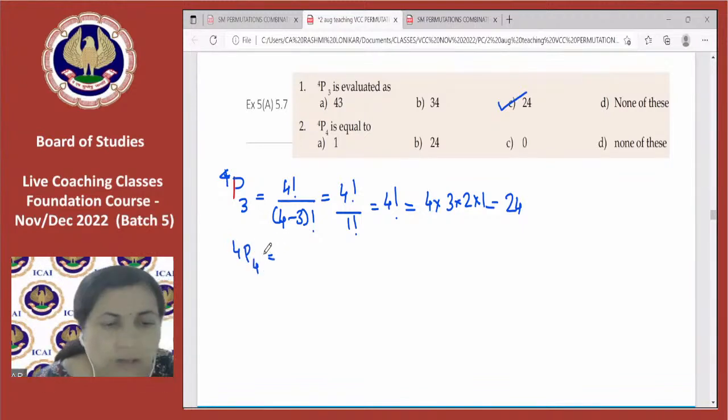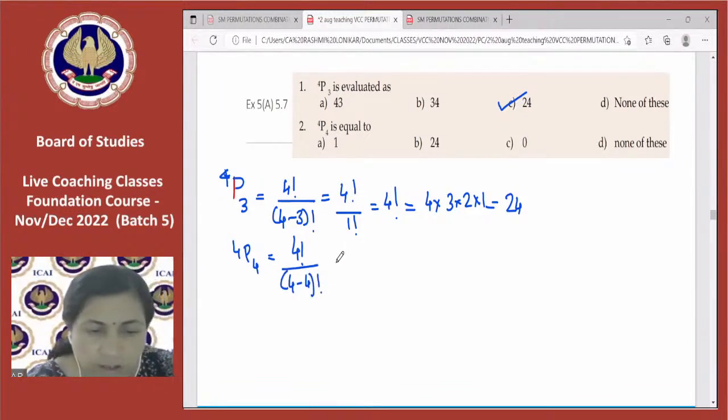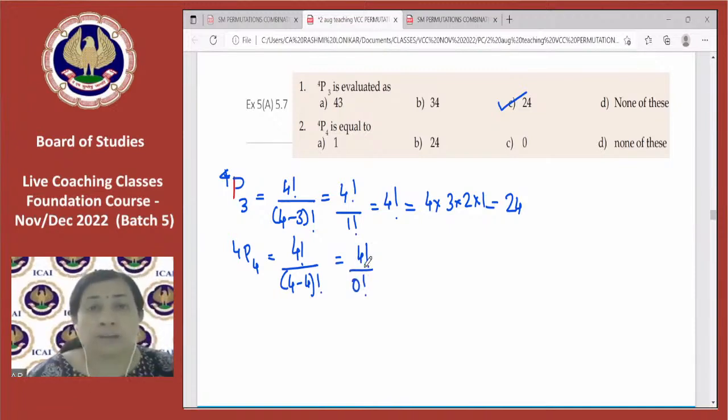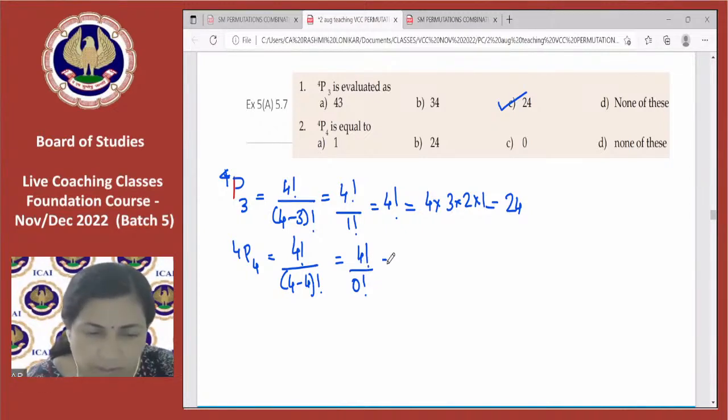4P4 is equal to 4 factorial upon 4 minus 4 factorial, which is equal to 4 factorial upon 0 factorial. Remember, 0 factorial is always equal to 1. So the answer is not 0. This is equal to 4 factorial upon 1, which is equal to 4 factorial.